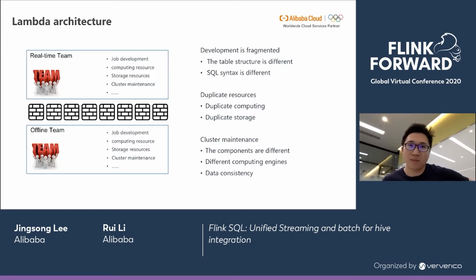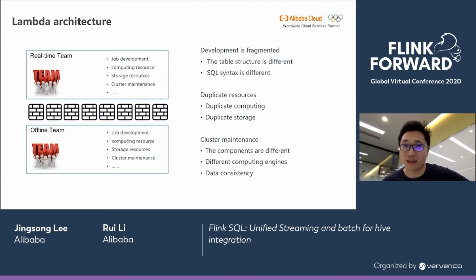As the Lambda architecture goes farther and farther, the development team, table structure, table dependency, and computation model may all be split. The waste of resources is becoming higher and higher, and the cost of unification will be higher and higher. A real-time warehouse will consume so many resources and cannot retain historical data.